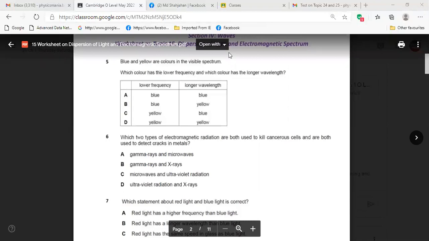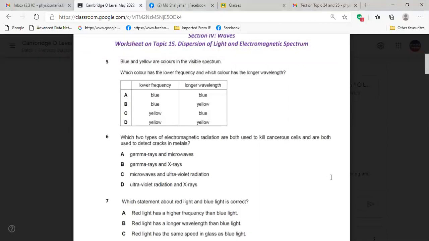Okay, sir. Can you read question 6? Yes, sir. What two types of electromagnetic radiations are both used to kill cancerous cells and are both used to detect cracks in metal?